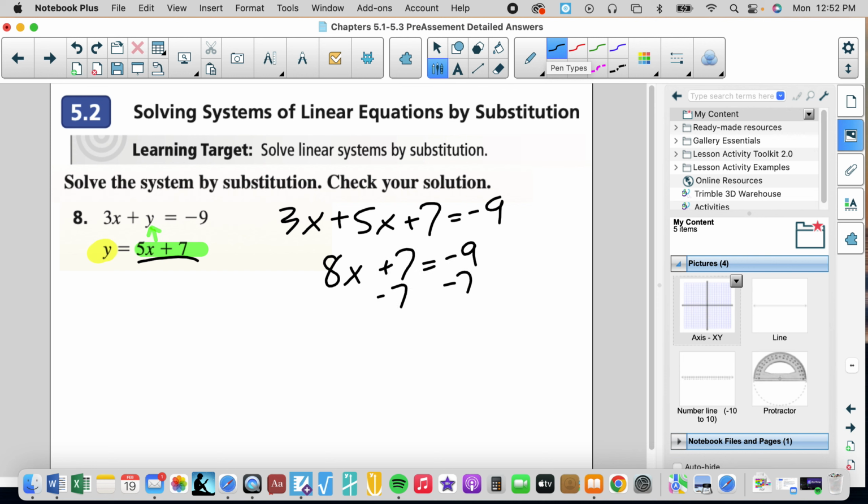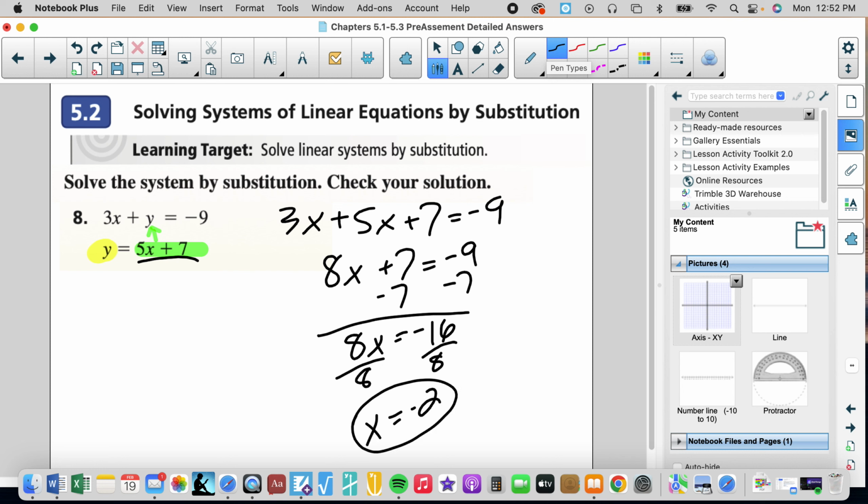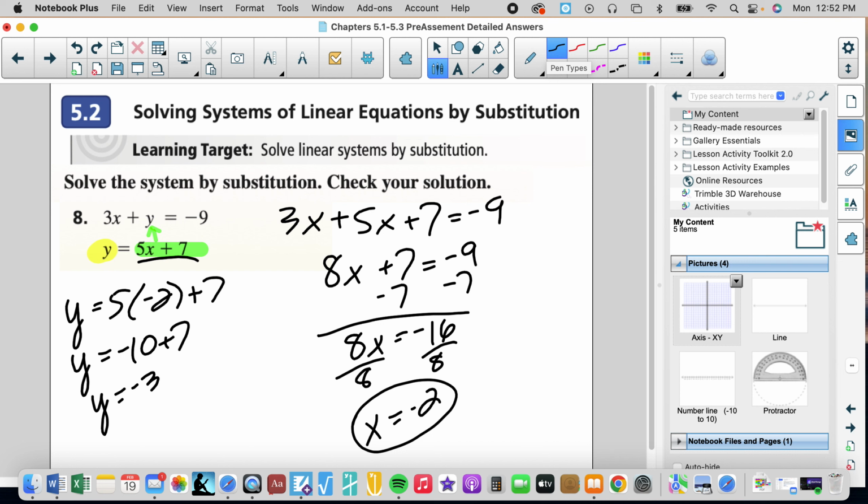Let's move, and we're going to isolate because now we only have one variable, and that's our whole objective: x equals -2. Now we can go back to this equation, y equals 5x plus 7. Instead of plugging in x, we use -2. Y equals -10 plus 7. Y equals -3. So my solution should be -2, -3.